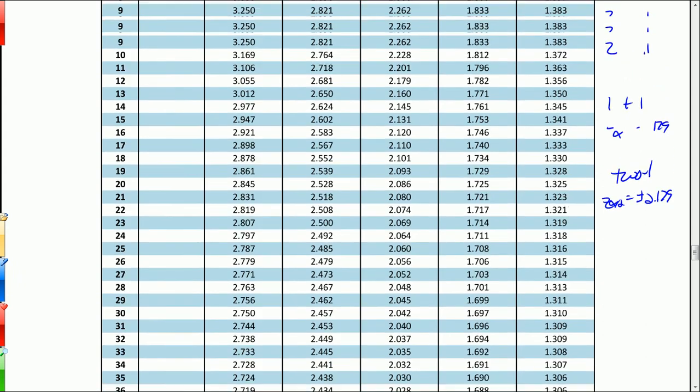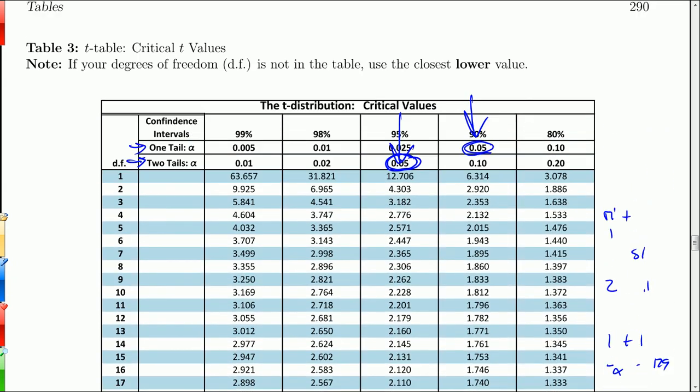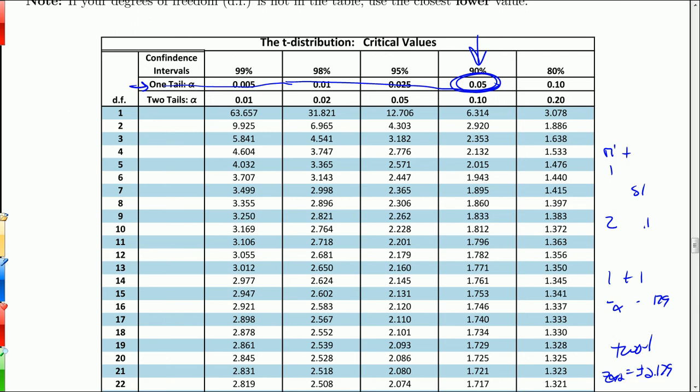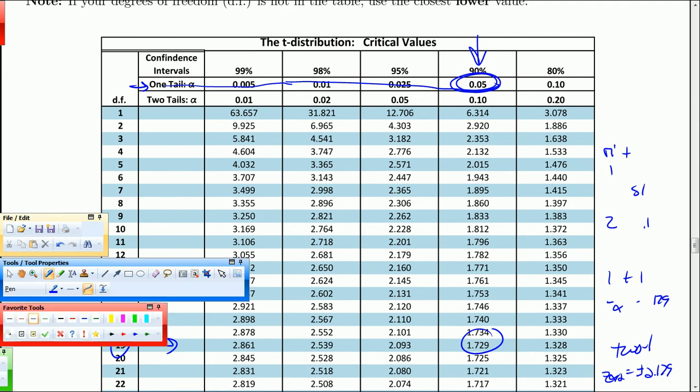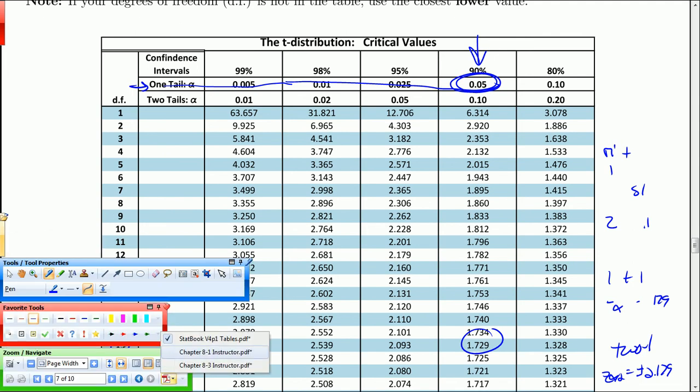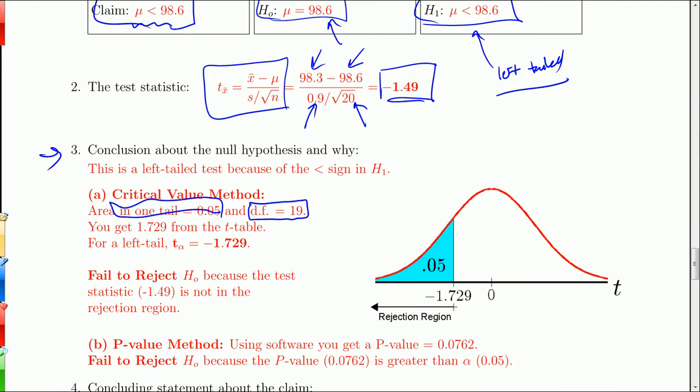So I'm looking here for 0.05. I go across, there it is. So I'm in the second to last column with 19 degrees of freedom. Brings me to 1.729. So that's my critical value, but this is a left-tailed test, so I have to remember that that's a negative 1.729.